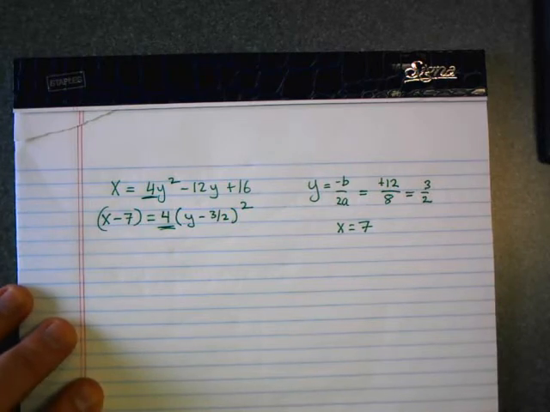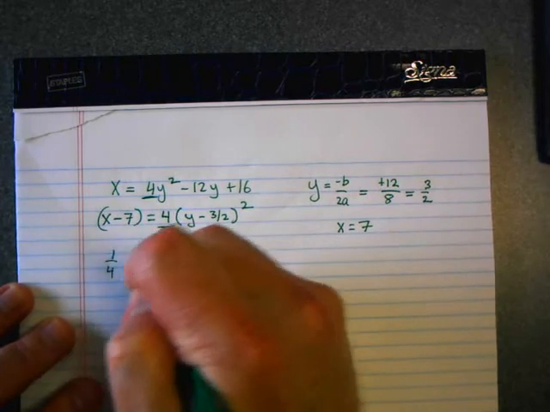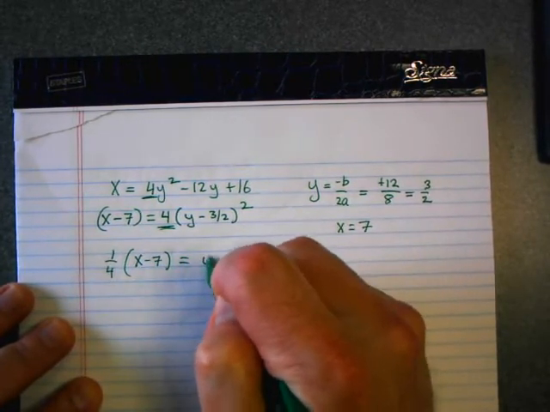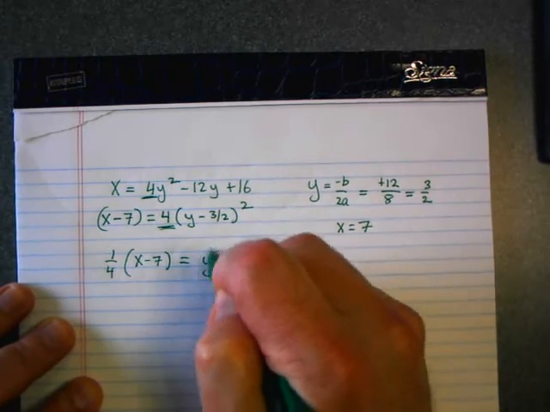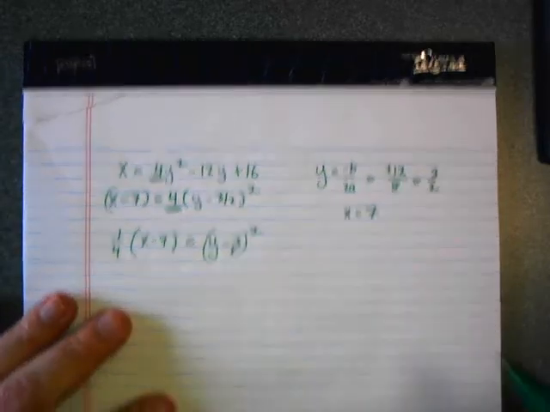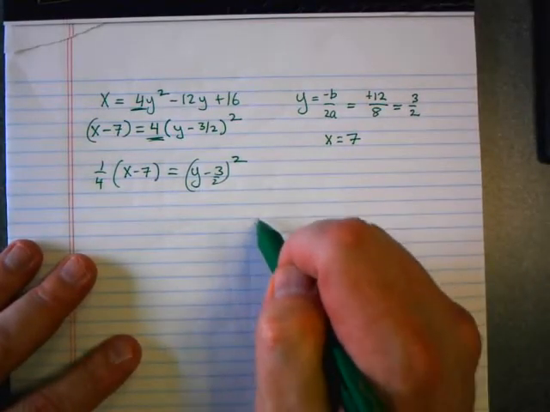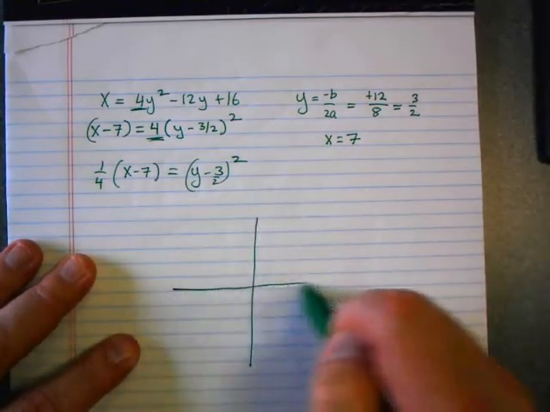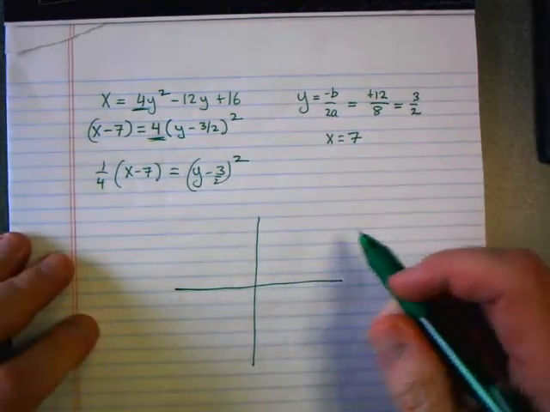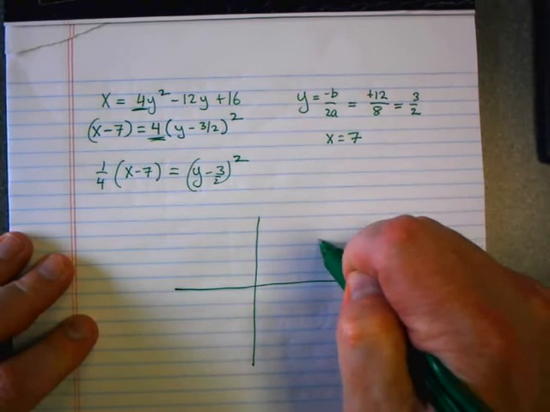All right, and then I think I need to write this as 1/4 times x minus 7 equals y minus 3/2 squared. So I can start drawing my picture. I have 7, 3/2, right about there.